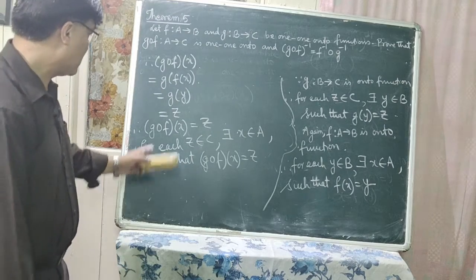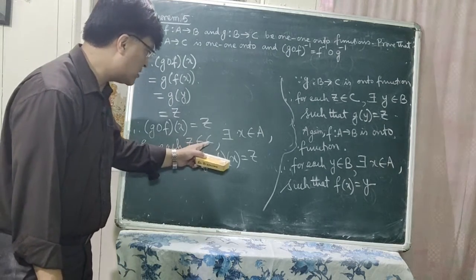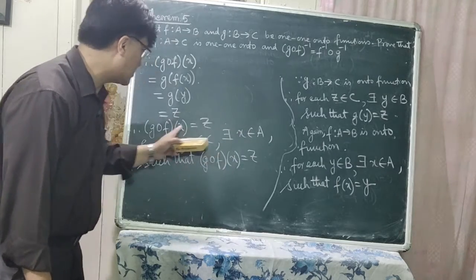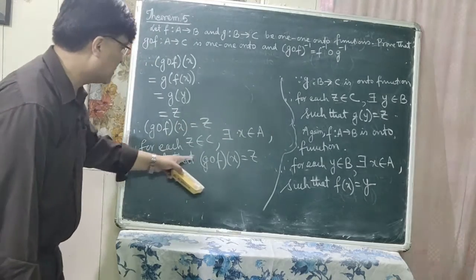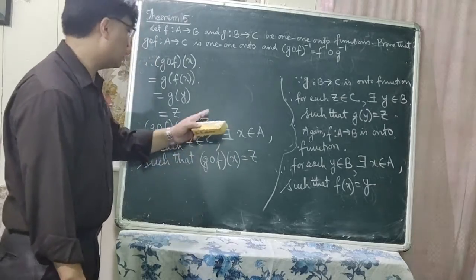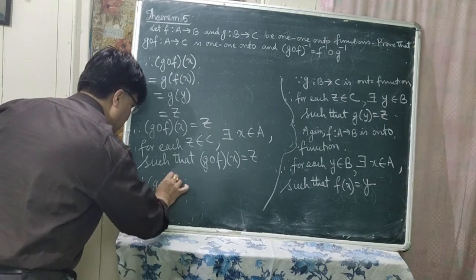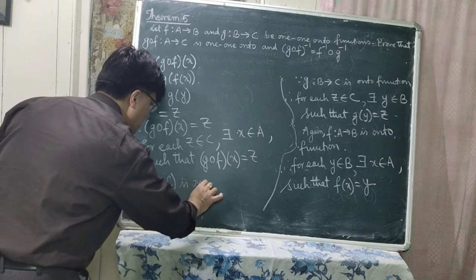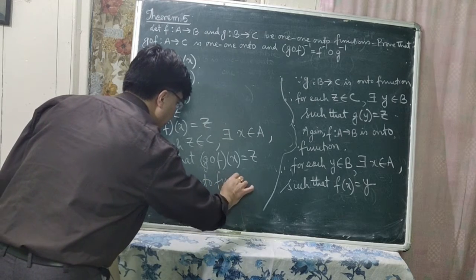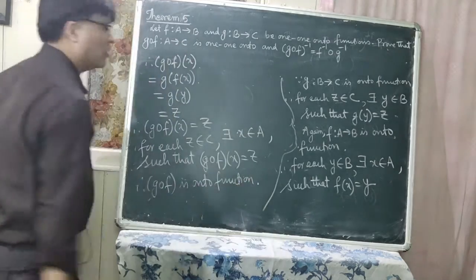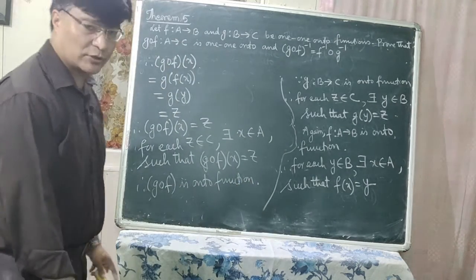Is that clear? For each z belongs to the set C, there exists small x belongs to the set A such that gof of x is equal to z. Okay. So therefore gof is an onto function. I think you have understood it.